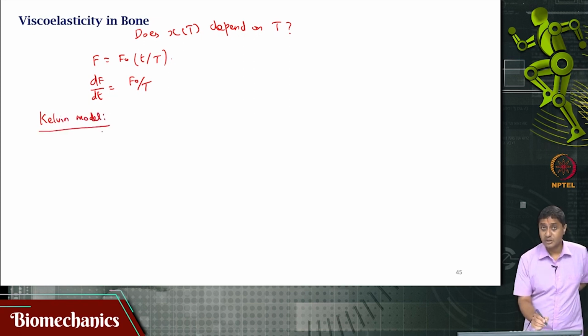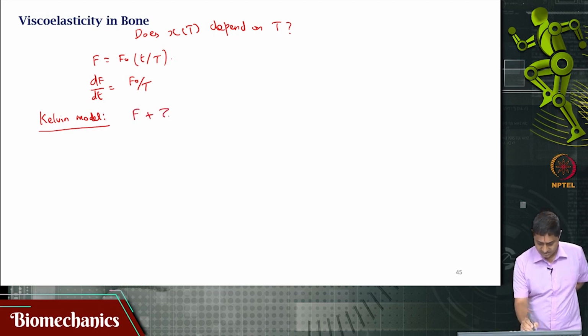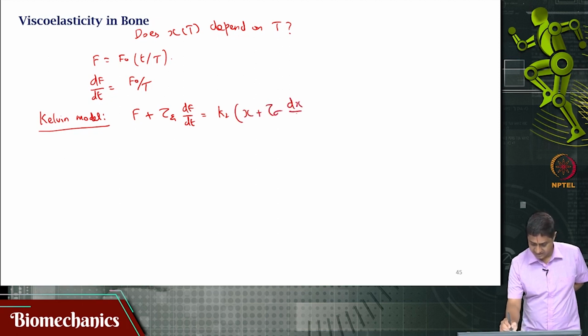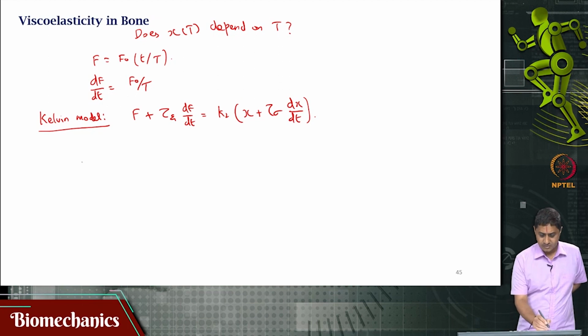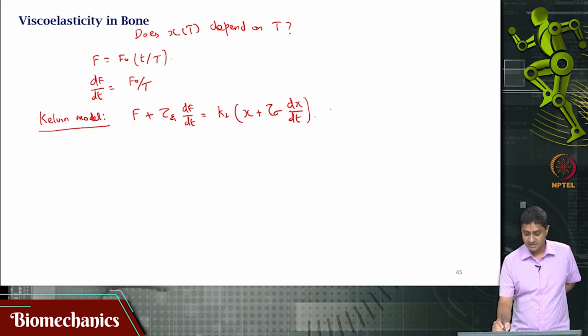What is our standard linear model? That is F plus tau epsilon dF by dt is equal to K2 times x plus tau sigma dx by dt.